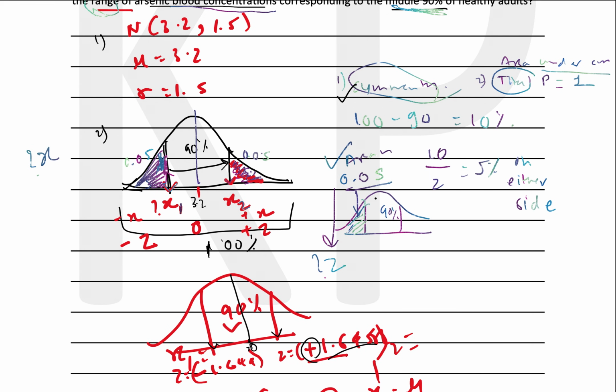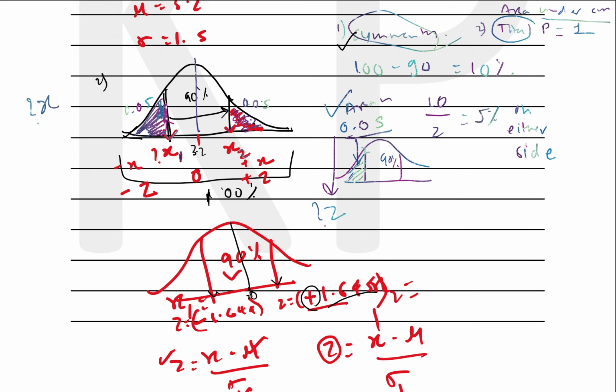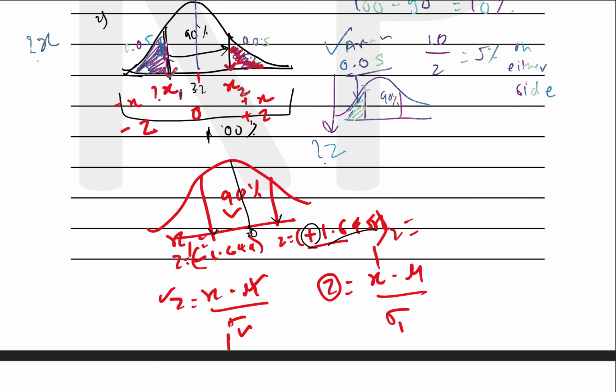So that's going to be everything on this left side. But your area is area right of z, so you just subtract it from 1. But that's just another way, although complicated, that you can also consider. The simple way: you know this is a symmetrical curve, this area is going to be equal to this, so z is also going to be the same in magnitude but different in sign.